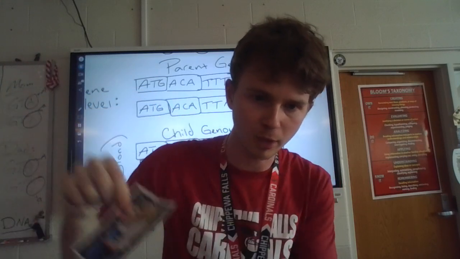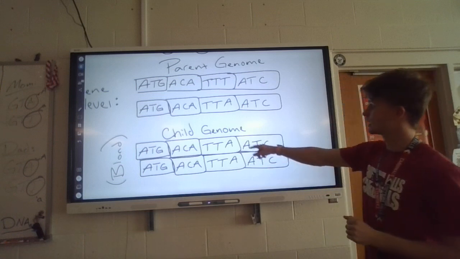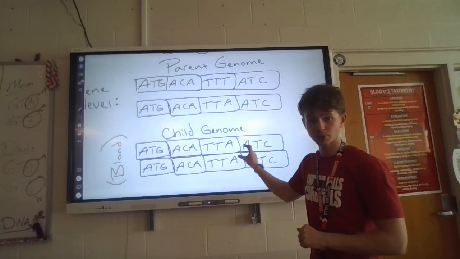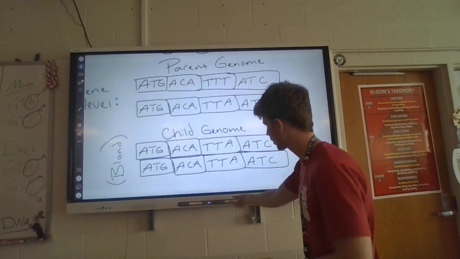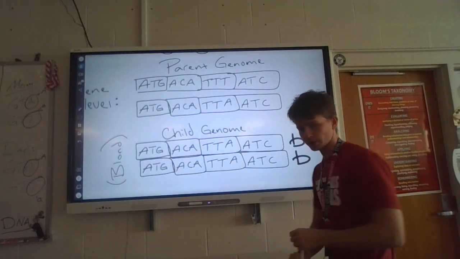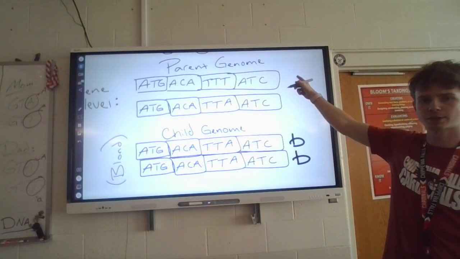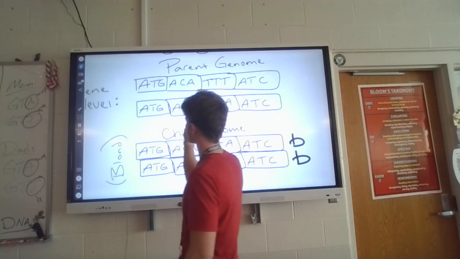My sister was also super blonde. Anyway, blonde boy had TTA and TTA in this one box. We know blonde is recessive, so we should know that both of these strands are little b, little b. So now, based on this, what did my parents have? Did they have big B there, little b here?